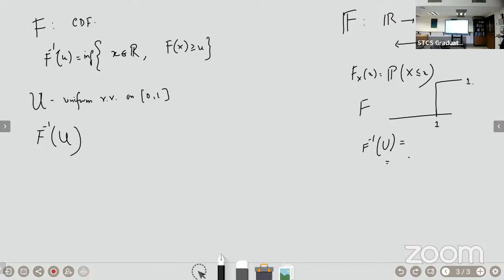Why take any difficulties? So what is F inverse of 0? Minus infinity. If U is positive, then it's good. So go on. Yeah, sorry. That is F inverse of U here.